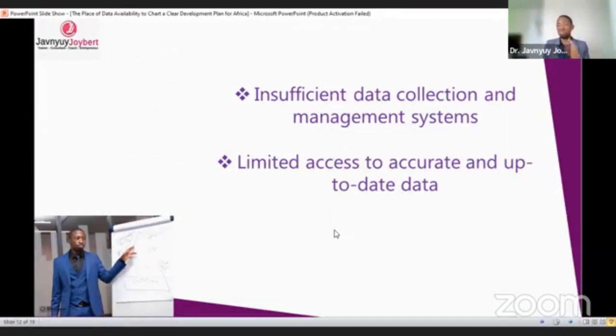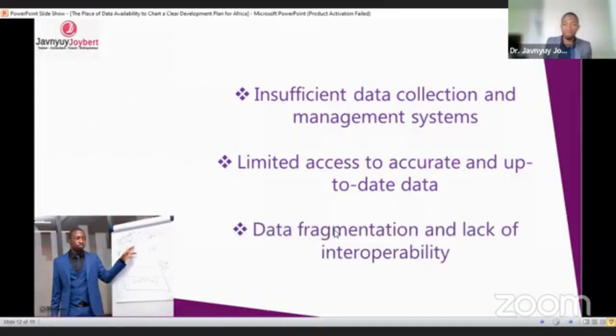Many a time you try to use a very limited sample size to make a very important decision, and that is risky for business. Right? So, limited access to accurate and up-to-date data. Not data that is 10 years old, 5 years old, not data from 2023. It becomes a big challenge, right?